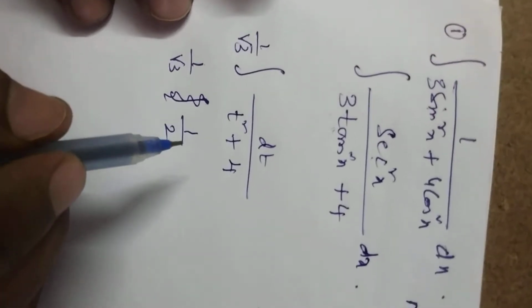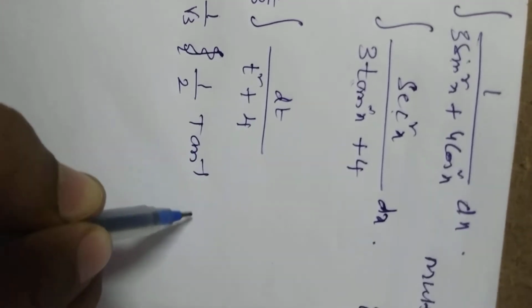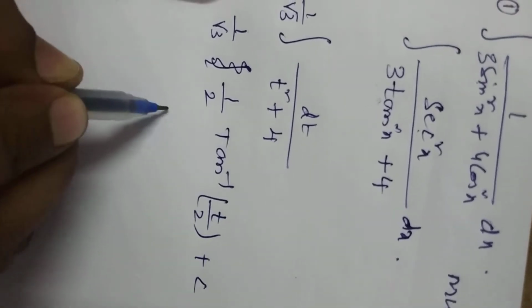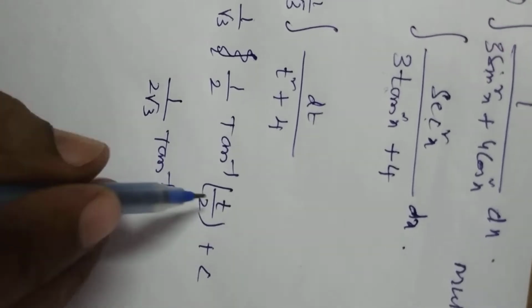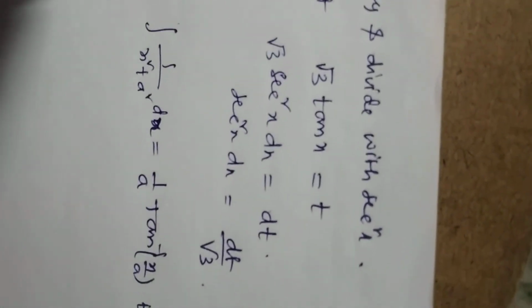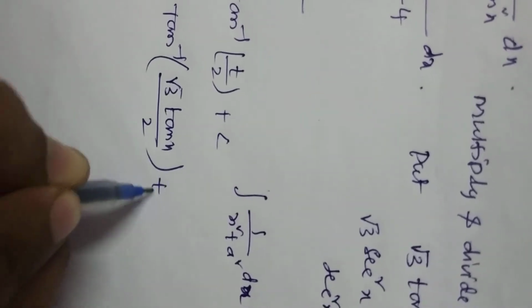So here 1 by a, that is 2, into tan inverse of x is t by a, that is 2, plus c. So that is 1 by 2 root 3 into tan inverse of t. So t is what actually? Root 3 tan x by 2 plus c.